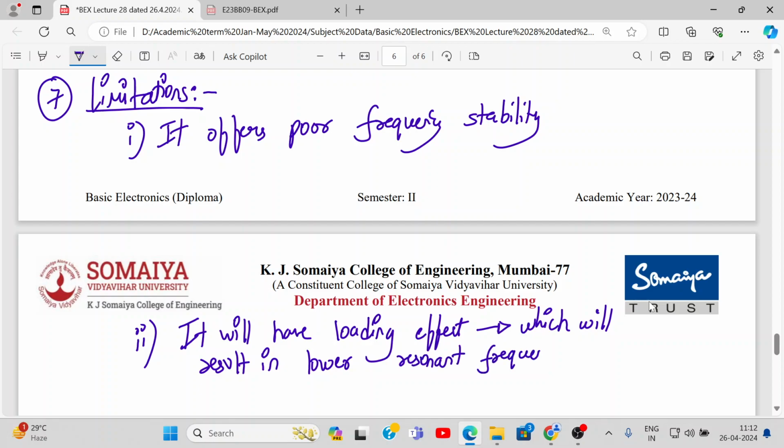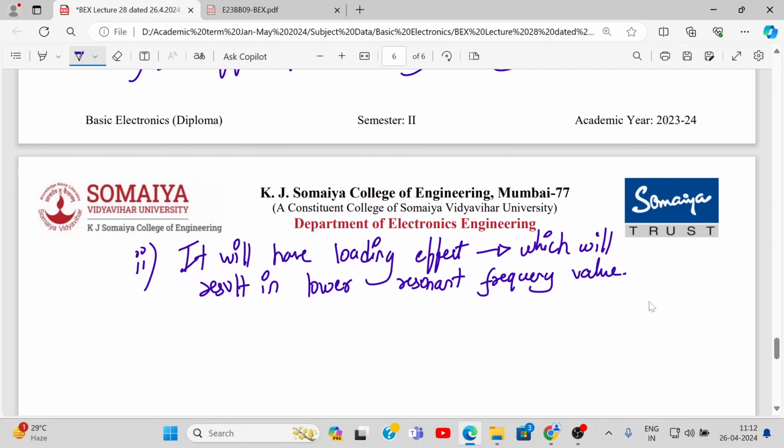It will have loading effect due to the input resistance of the BJT. This is just a point for your remembrance.